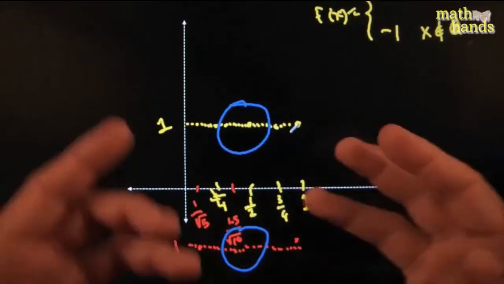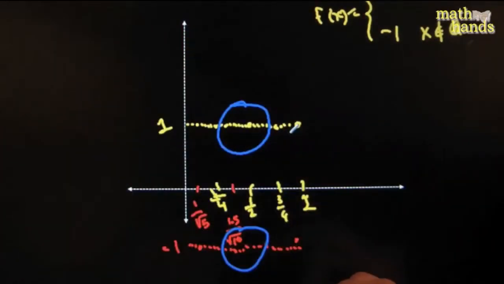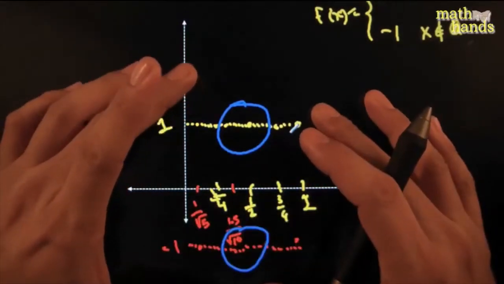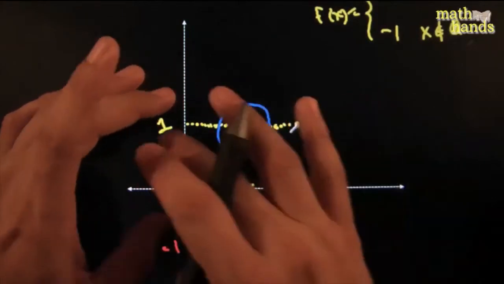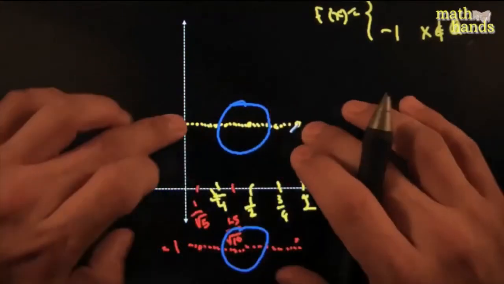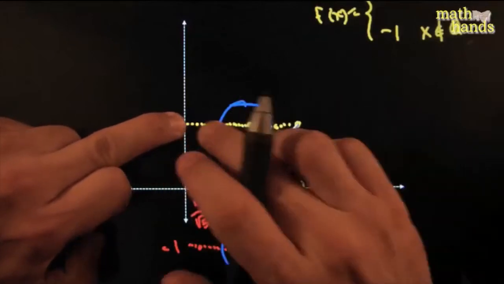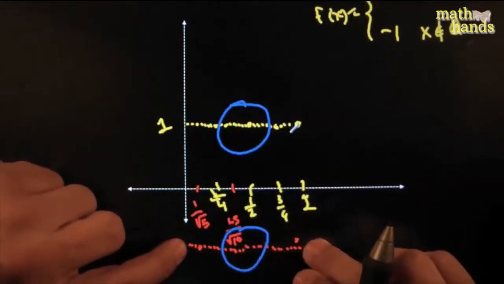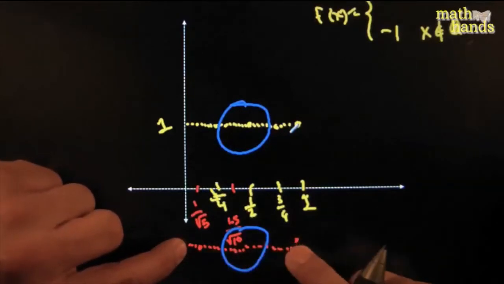And between here and here, we can also find some more. For example, 1.5 over the square root of 10. That would be in the middle, and you cannot write it as a fraction. And so between every one of these, you can find an irrational. And not only that, but it gets worse. Between every 2 fractions, you can always squeeze an irrational. And between every 2 irrationals, you can always squeeze a fraction.